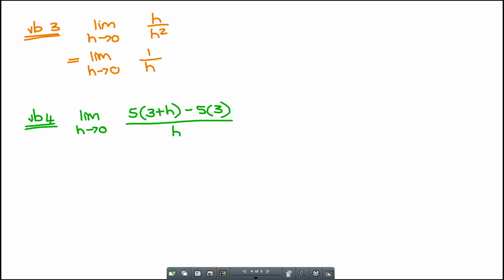And anything divided by 0 is undefined, which means that this limit does not exist. Daar is geen limiet.